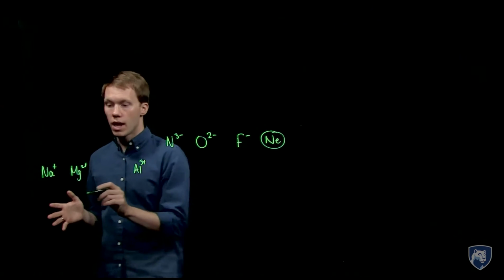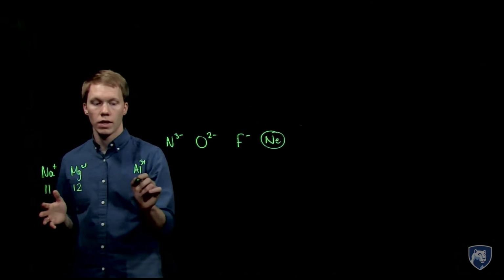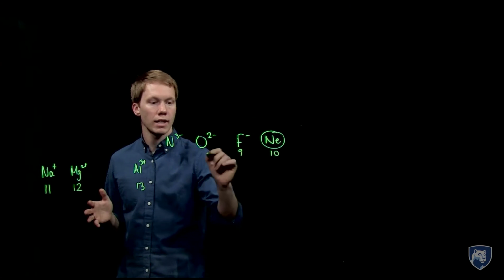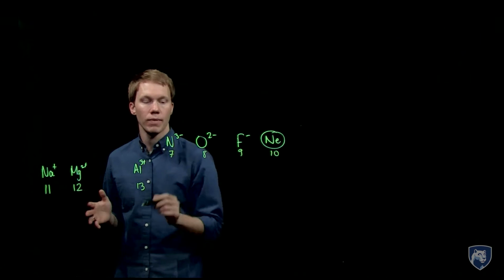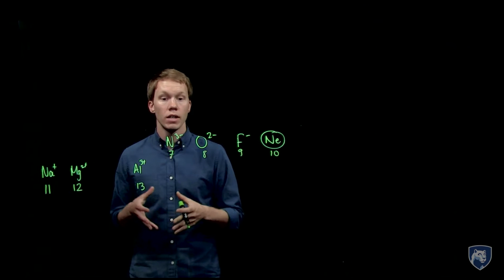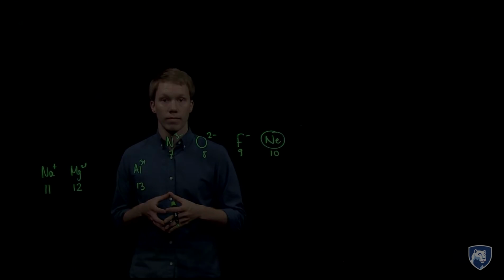So the number of protons within each of these, we have 11, 12, 13, and this is 10, 9, 8, and 7. So the largest effective nuclear charge will belong to the smallest ions.